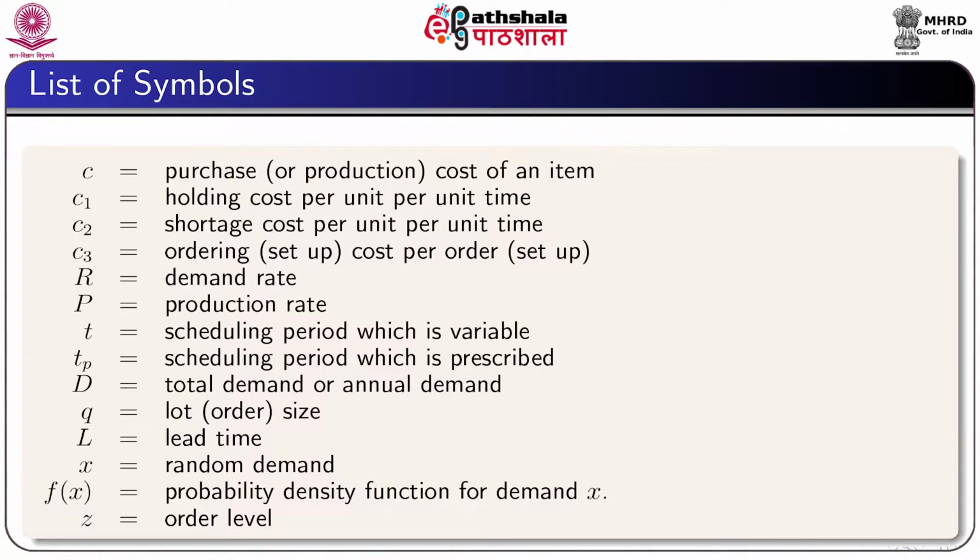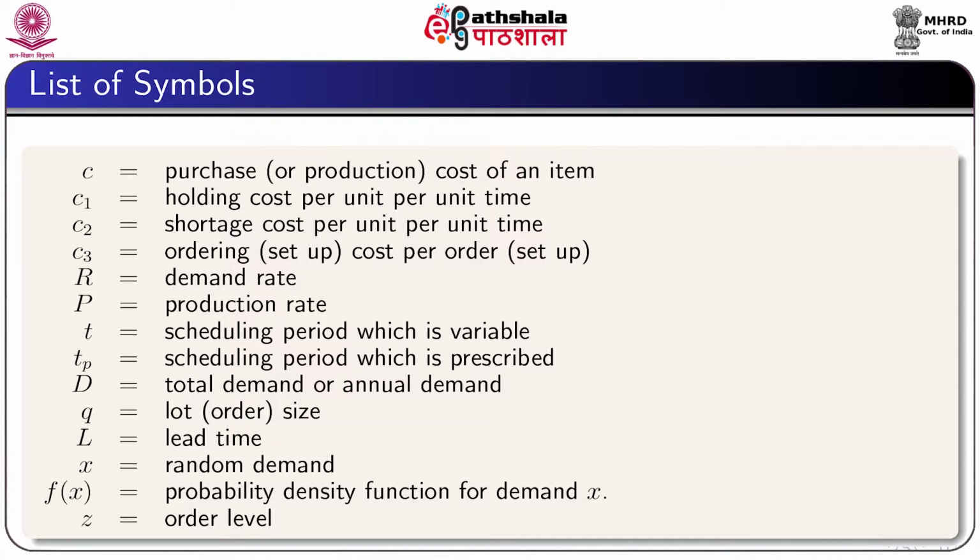Before we develop inventory models, let us define some symbols which are used in connection with the inventory models presented in this chapter. C is the purchase or manufacturing cost of an item. C1 is the holding cost per unit time. C2 is the shortage cost per unit time. C3 is the ordering cost or setup cost per order or per setup. Capital R is the demand rate, and capital P is the production rate. Usually, it is assumed that production rate is greater than the demand rate.